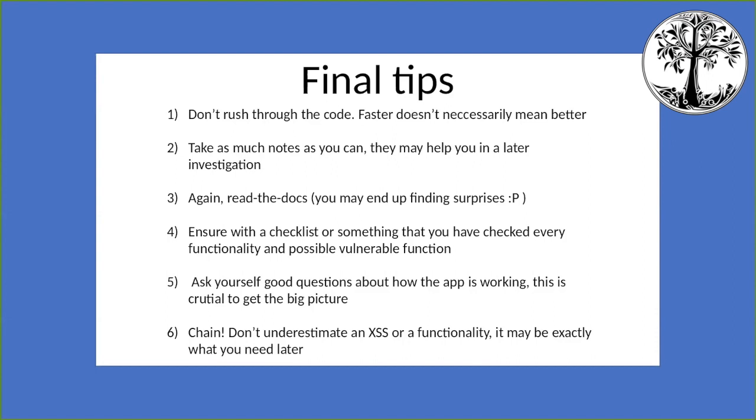You skip a functionality, and that's just a scope that you have denied to yourself. It may or may not have a vulnerability, but it's something you need to do.